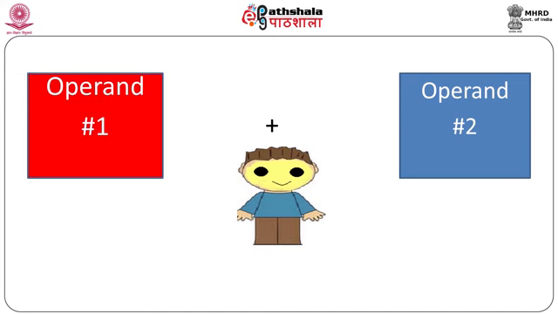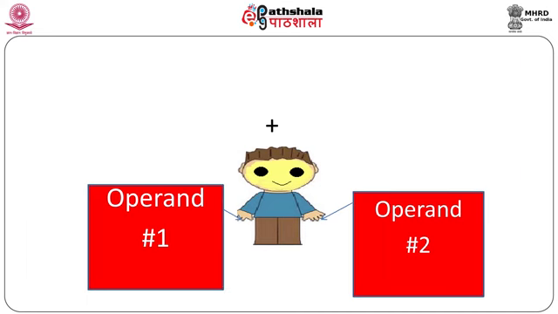You can see here operand 1 is highlighted in red color, operand 2 is also highlighted in red color. Now he is taking operand 1 and operand 2 towards each other, and he is deciding to operate on them.